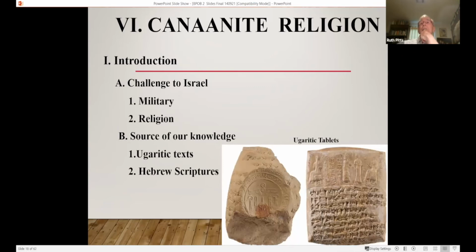Now, the Canaanites were a challenge to these people militarily. They were a challenge to them religiously as well, because what we read in the Old Testament is that these folks are forever going off to worship the God of the Canaanites. Now, why would they do that? Well, they're sort of nomads, and they have come in and start to live among these people, and they start to do some farming.